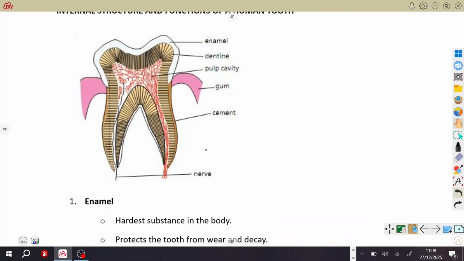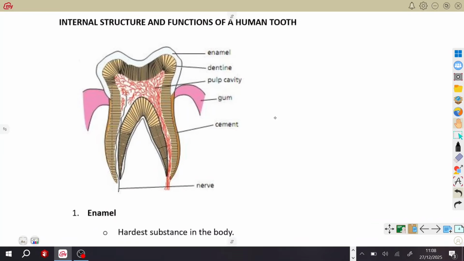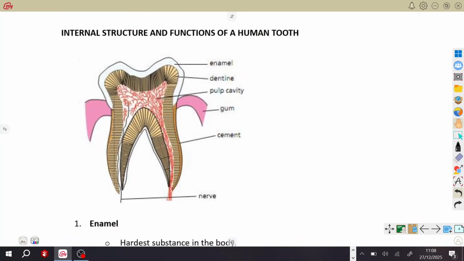Now, when it comes to the internal, we talk about the enamel, then the dentin, then the pulp cavity, then the gum, then cement, then nerve. These are the internal parts of the human tooth.